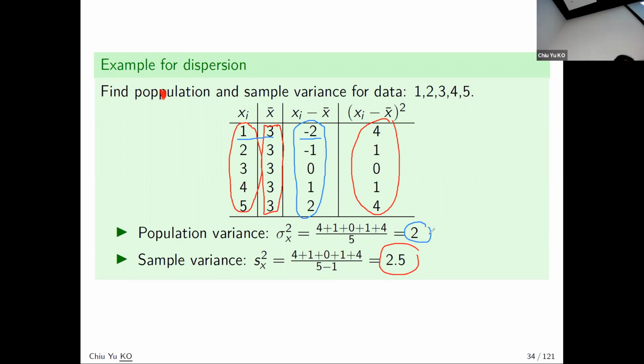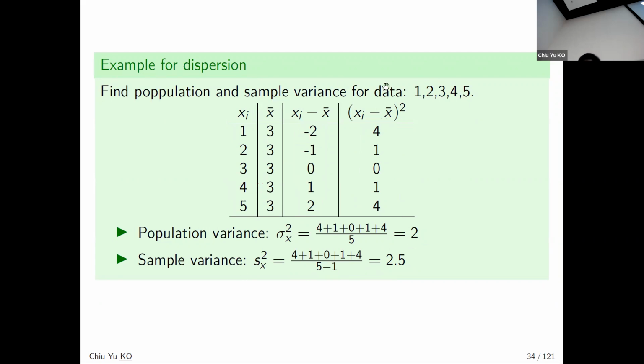But of course, as you can see, the denominators only differ by n versus n minus 1. When n is super big, there's no difference. So when you're doing a census, with a million or several million data points, it doesn't really matter which one you're using. But still, you use n minus 1 because it has better properties.